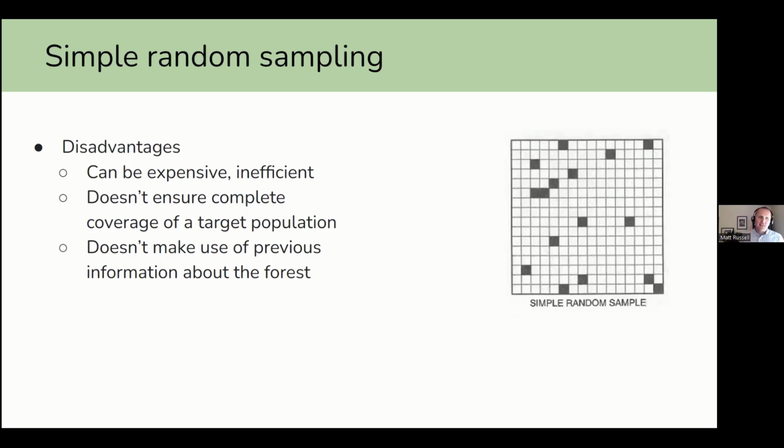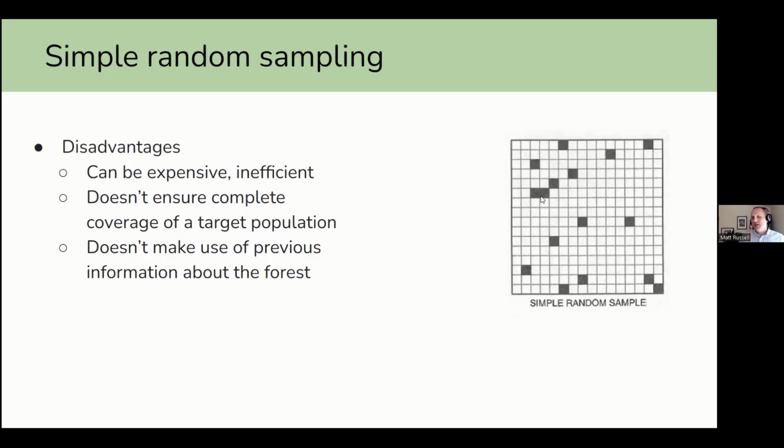Now, there can be disadvantages to simple random sampling as well. On the other hand, it can be very expensive and inefficient, especially when you think about what this means in the forest. Going back to this cluster of plots, imagine if this cluster of plots was all in a very wet area where it took you a long time to work your way in because there's standing water and it's very inefficient to walk around.